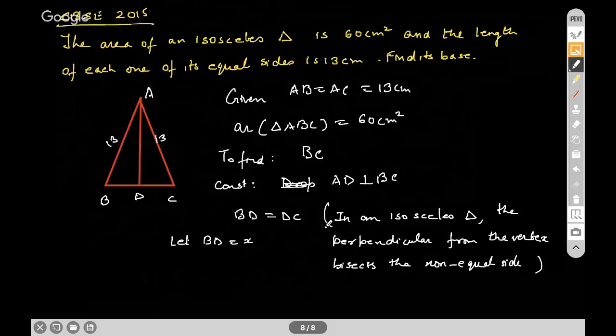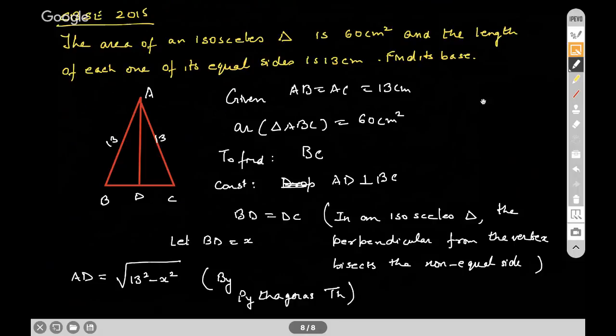Okay, so to find BD. Now, if BD is equal to x, then AD is equal to nothing but under root 13 square minus x square. Isn't it? AD is, and you write the reason, by Pythagoras theorem. Okay.